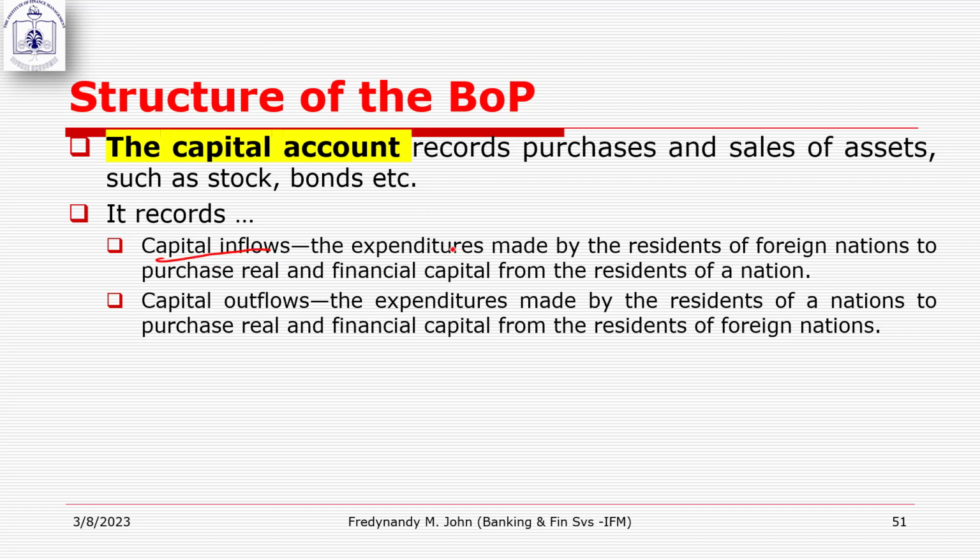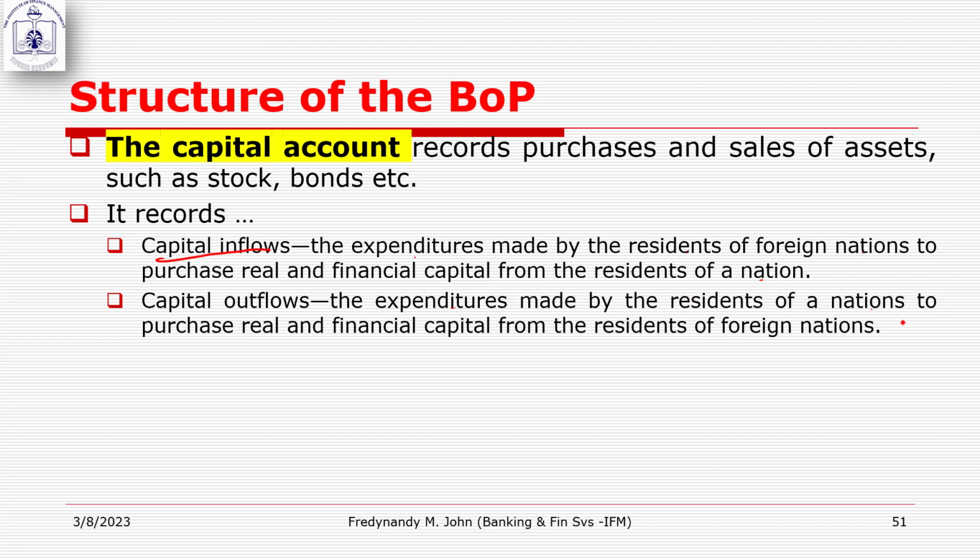The capital inflow refers to expenditures made by residents of foreign nations to purchase real and financial capital from the residents of a nation. Capital outflow simply means expenditures made by the residents of a nation to purchase real and financial capital from the residents of foreign nations.